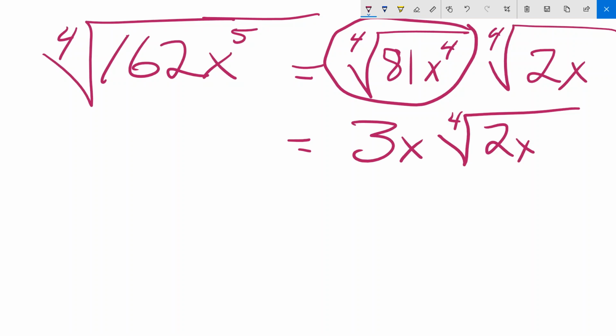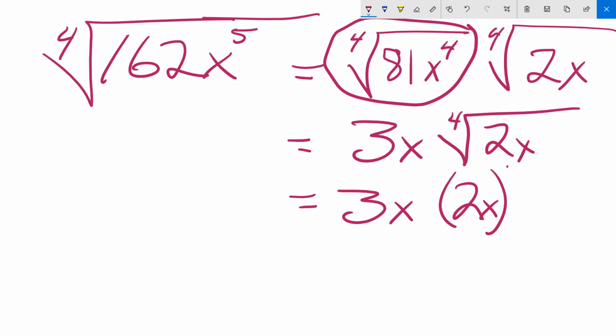I could put it as 2x to the 1/4 power. So actually I can simplify that a little bit. Let's just talk about that for a second. Your teacher may actually want this as an answer. I can rewrite it, which I can then at least combine the x's.